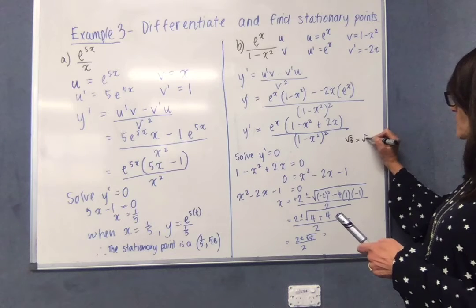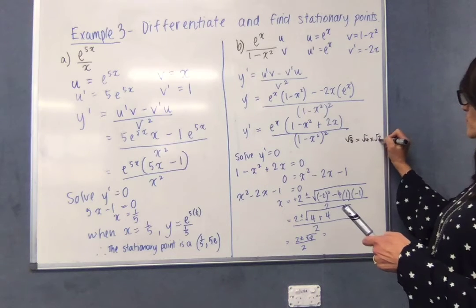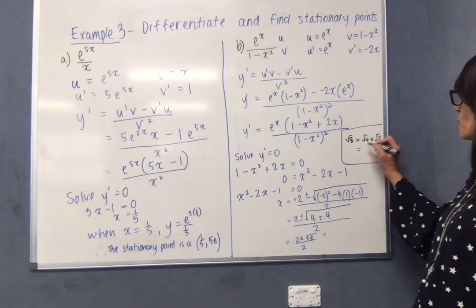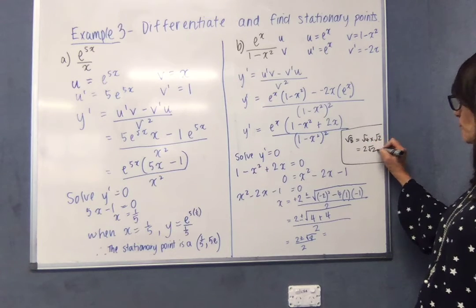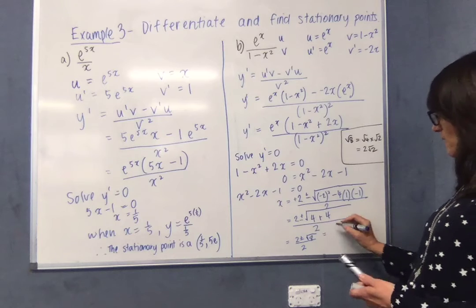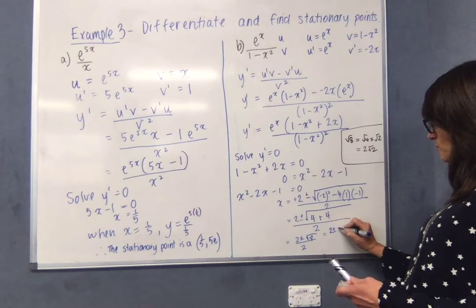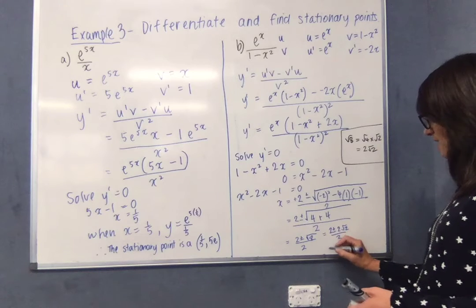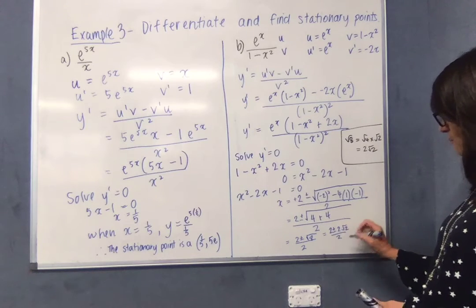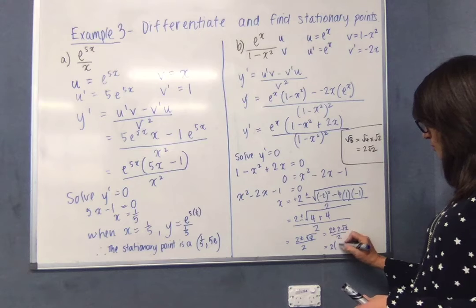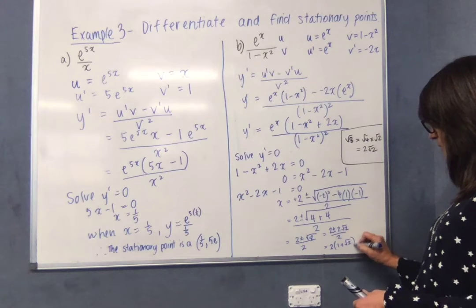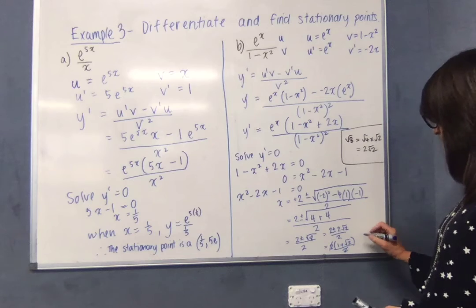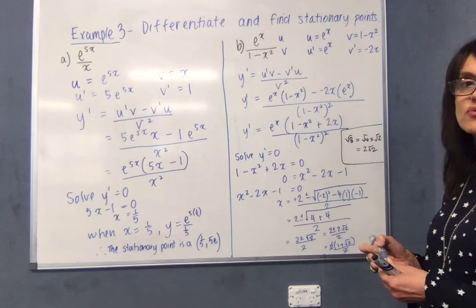Root 8 is actually root 4 times root 2, okay? And root 4 is 2 root 2. So now that gives us 2 plus or minus 2 root 2 over 2. Taking out our common factor on the top and the bottom, we've got 2, 1 plus root 2 on 2. The 2's cancel, so our final solution is just 1 plus root 2.